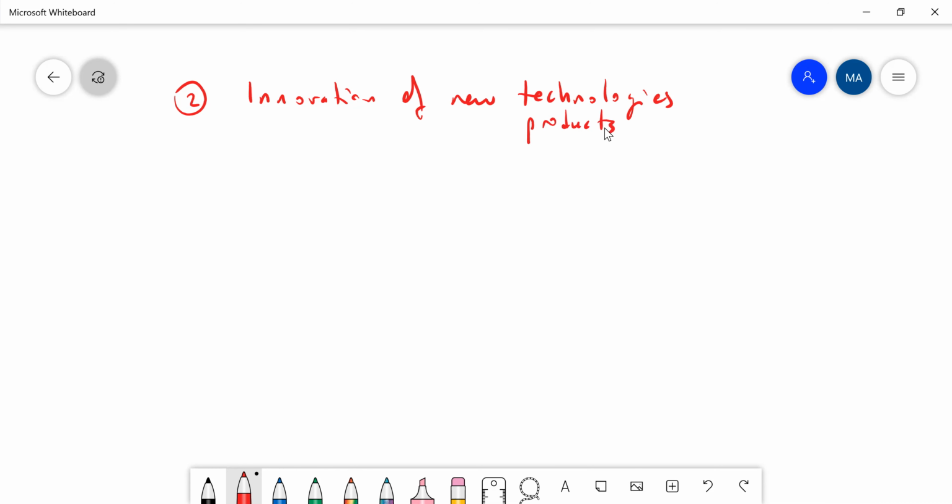So why is innovation important? Well, you can imagine something like this. Suppose that I write our production function in the following way. This is actually what I discussed today in my PhD class.